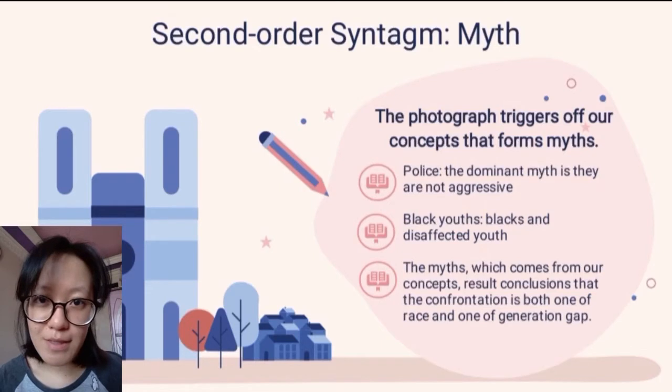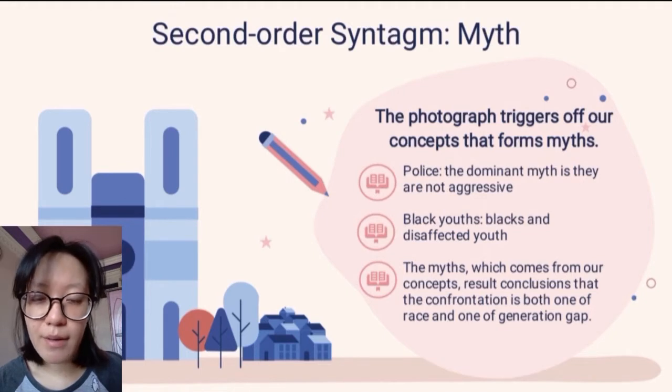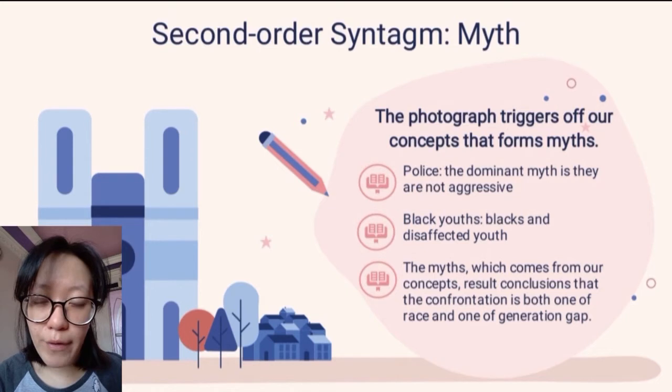The first one is myth. So myth is the dominant ideologies that already exist in our mind. This photograph triggers in our mind our concept of myth about police and the black youth.